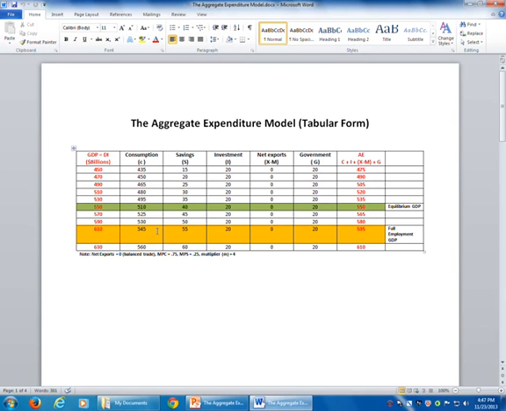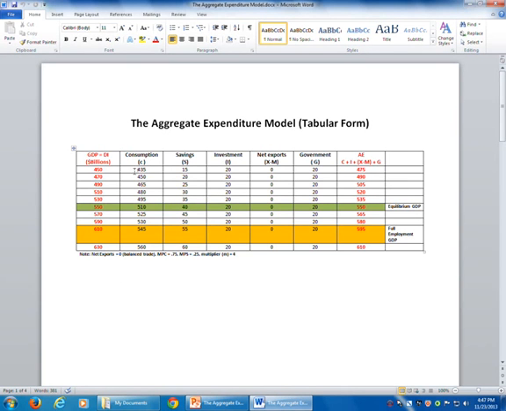And what we desire is for aggregate expenditures to equal GDP. We want the economy to be in equilibrium at full employment. Right now, the economy is in equilibrium at an income level that's less than full employment.